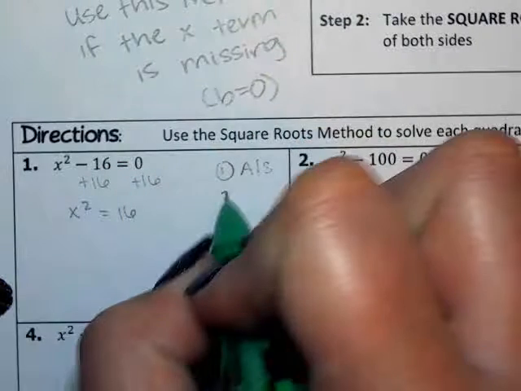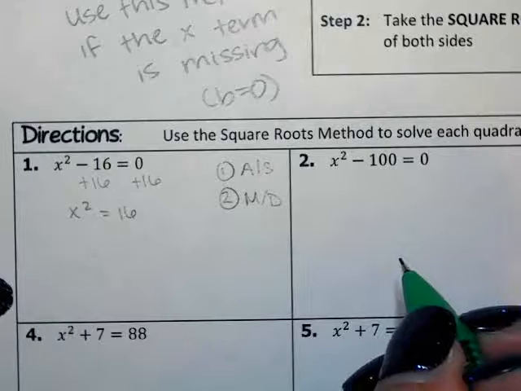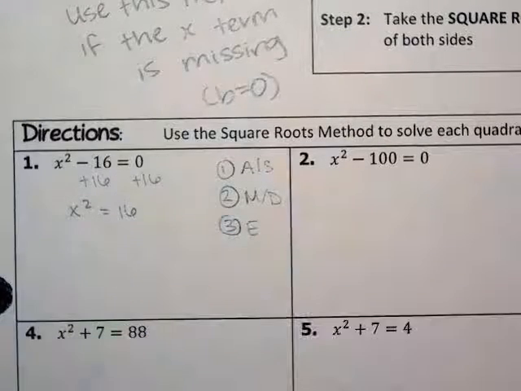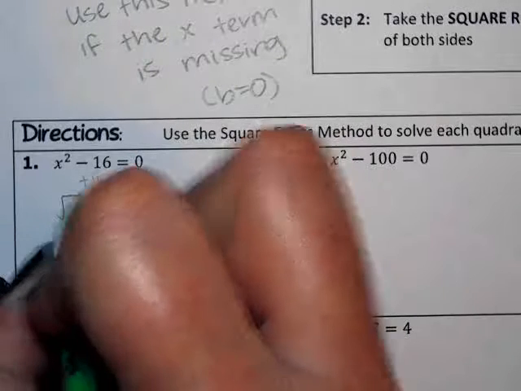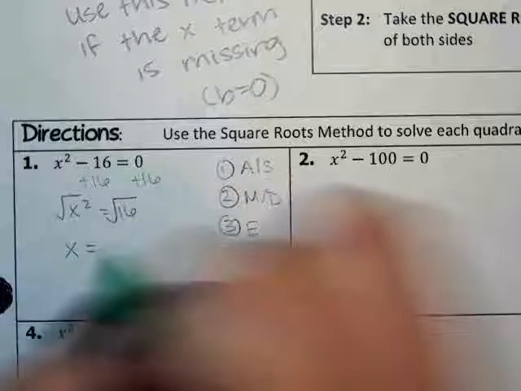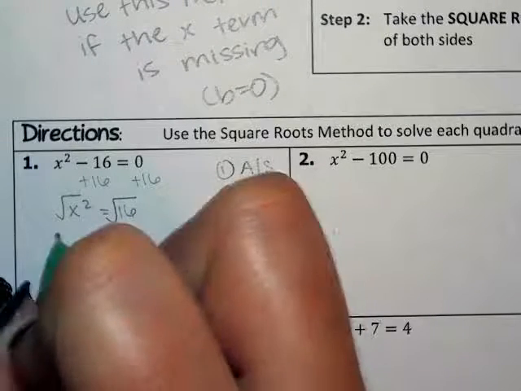Is there something you could multiply or divide over to the other side? Nope. Okay. Is there an exponent you can introduce or an exponent you can get rid of? Yes. What can you do? Square root. Okay. And when you square root, what do you get? Plus or minus 4.